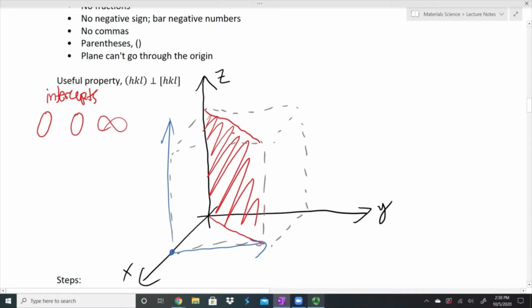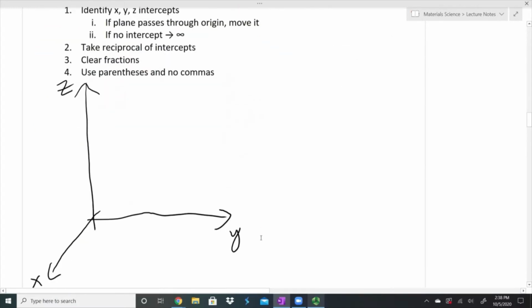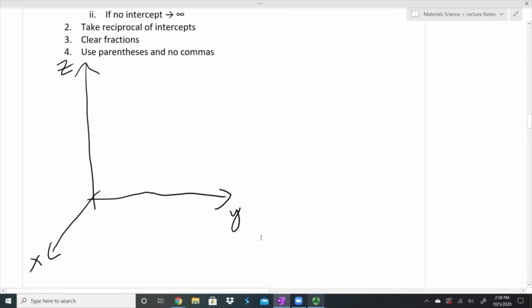I could then very well figure out where my intercepts are. I'm going to redraw down here, kind of with that shift. And to do that, I'm actually going to draw my unit cell behind this coordinate system, because I moved my origin.